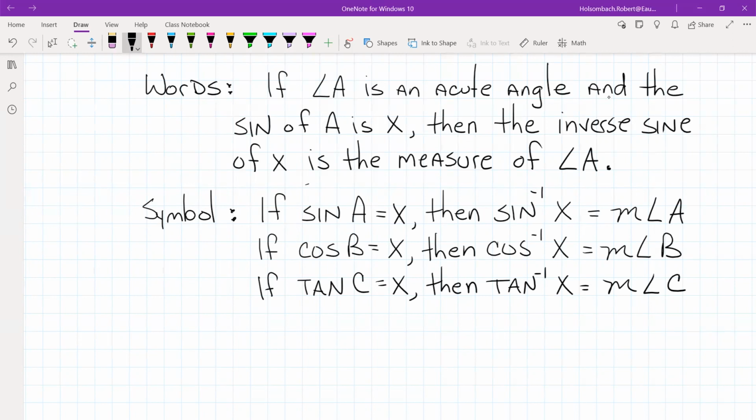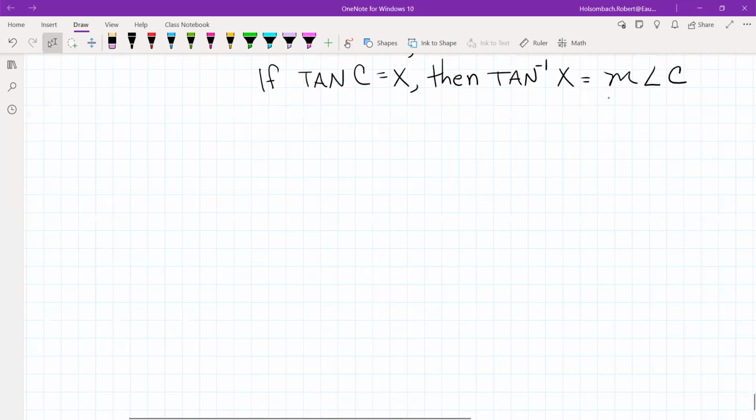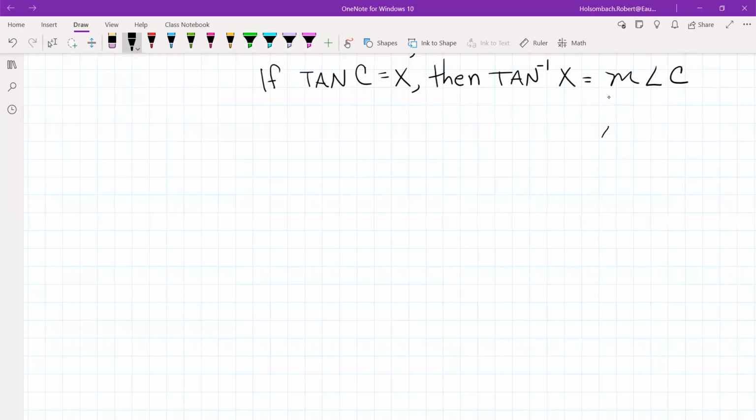Here's how this works. Look at example 4 on page 571. And we've got a triangle there, a right triangle ABC.